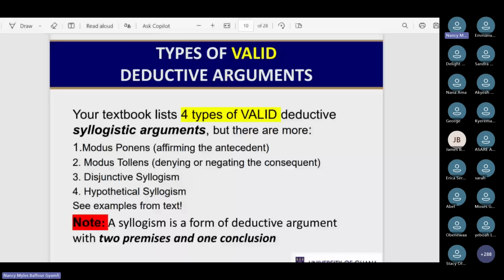Do you remember your Unit 3 now? Emmanuel, do you remember your Unit 3? Yes, please. Yes, an argument is a collection of statements. So you put more than one statement together. One of them is what you want to say, the conclusion. The others are your premises. That is an argument.